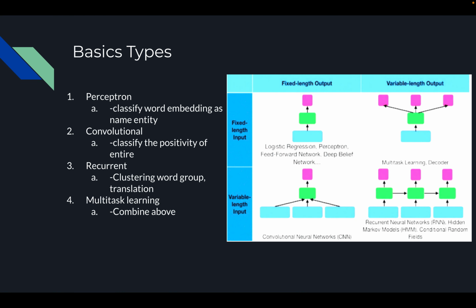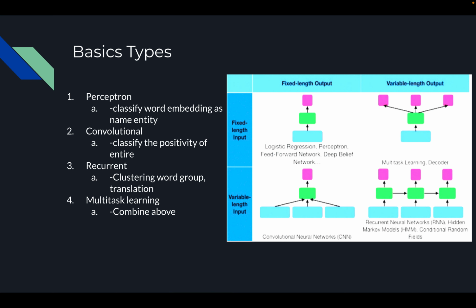There are four basic types. The perceptron classifies the word embedded as a name and entity. For example, it classifies whether a word is a name, a location, or just a word.